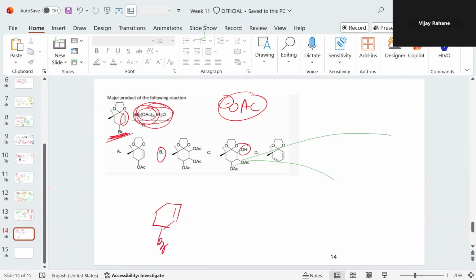At this position, OAc negative attacks here. This one goes here and the bromine negative gets eliminated. So initially it should get OAc. Then we still have the OAc negative, which can be further reacted, either on the centers.